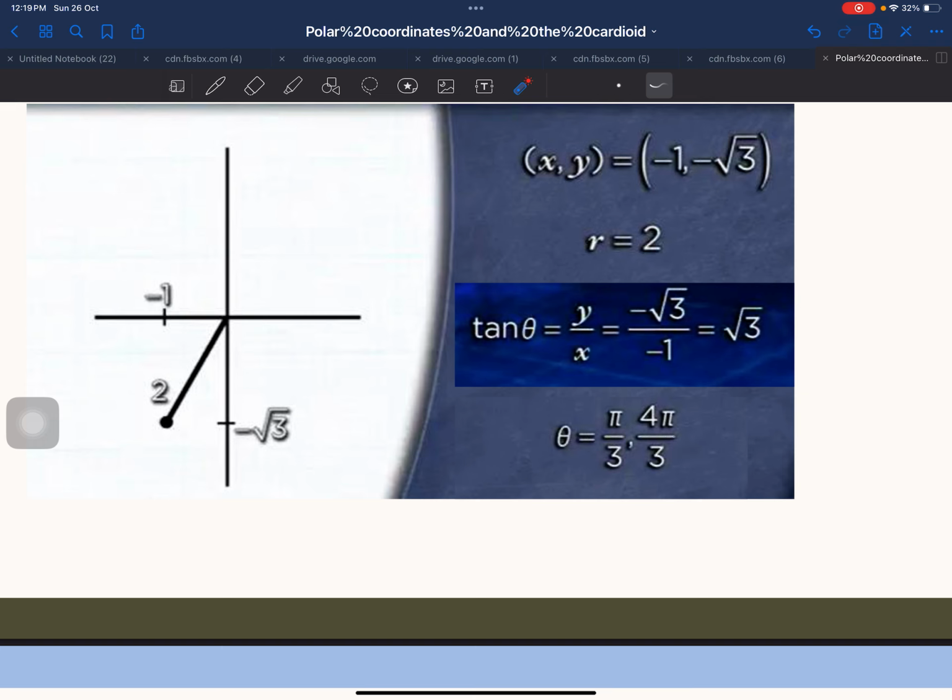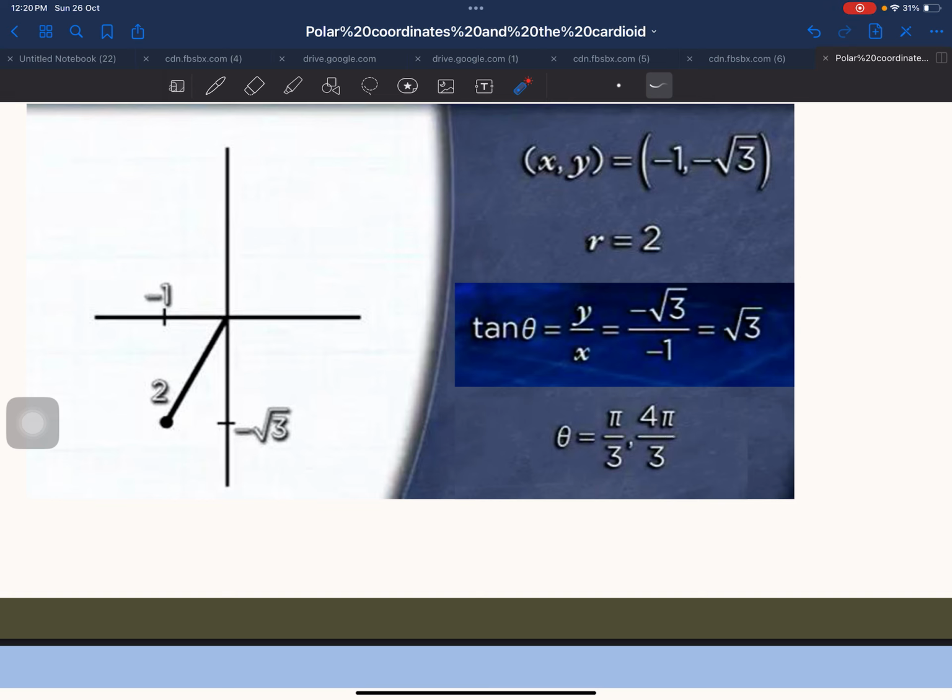So this is now trigonometry in action. Which angles have their tangents equal to the square root of 3? I want the tangent of some angle to be the square root of 3. Theta is pi over 3 and 4 pi over 3.